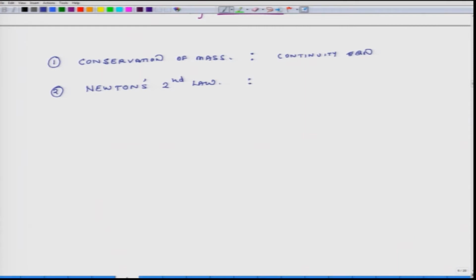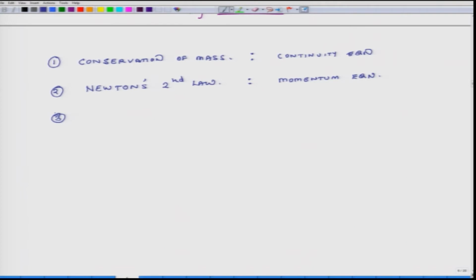The second equation is based on Newton's second law, which says force equals mass times acceleration, and that will give us an equation which is known as the momentum equation. Okay.